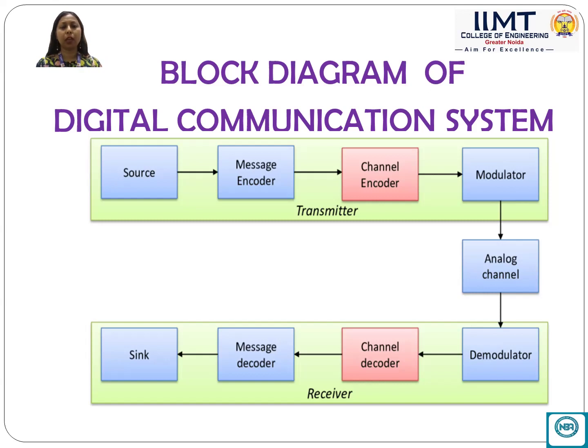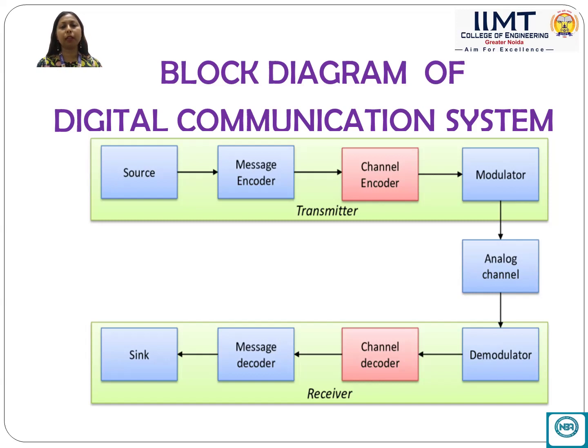For that, we have to convert the analog signal into digital form. After that, we send it to the channel encoder, whose function is to encode the signals as per requirement.